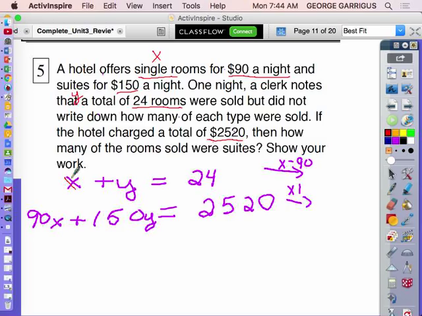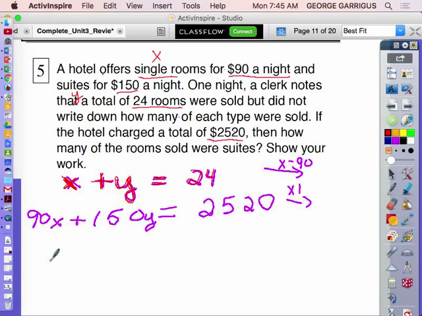Well, we know that there was a total of 24 rooms, so that's x plus y. Suites and singles, there were 24 of them. We also know that the singles are $90 each, and the suites are $150 each, and the total amount was $2,520.